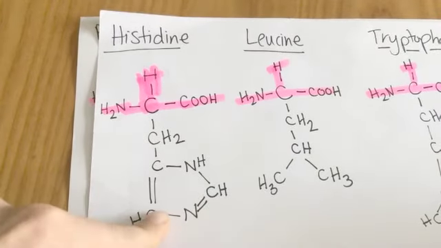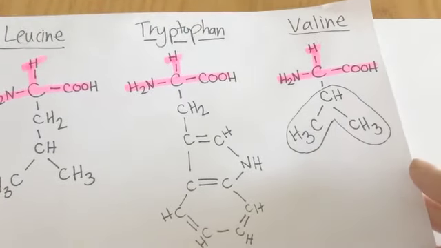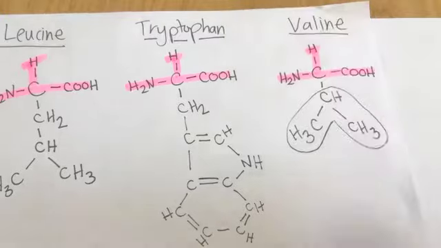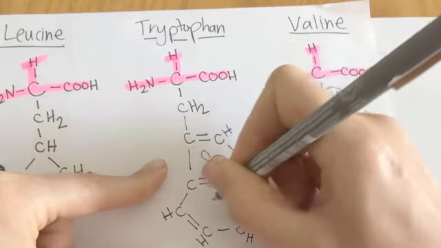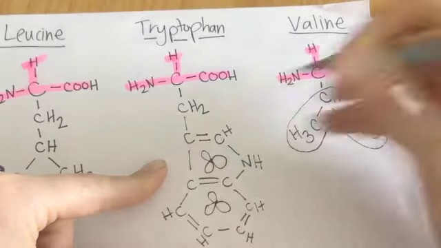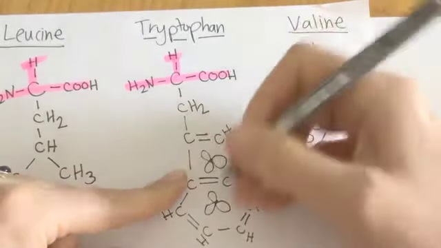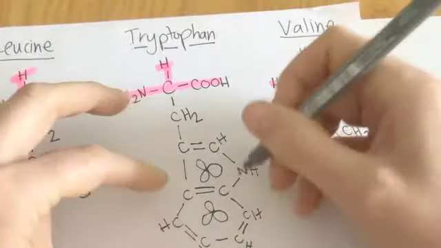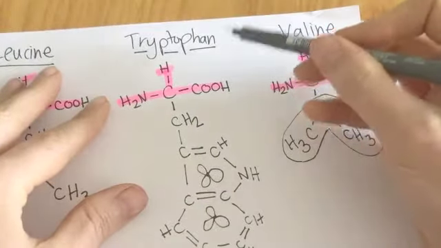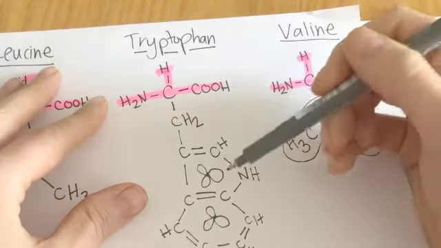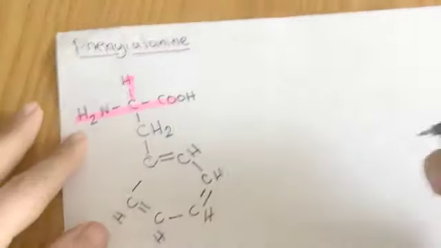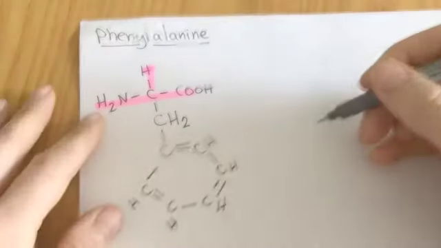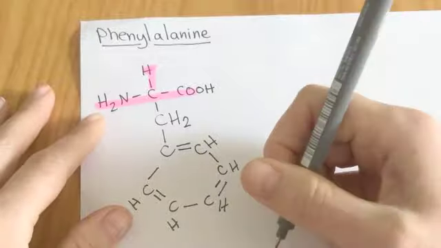I don't have any fun mnemonic device to remember histidine, but for tryptophan, whenever I was in college, I imagined that these were 2 actual fans, like a fan in your living room in summertime going around and around, and there's 2 of them, so I tripped over the fan, tryptophan. I had another student who said tryptophan is one of the longer words, and it's also the bigger molecule. And phenylalanine is considered a phenyl group, so that's really not going to help you much because we haven't learned that in class.